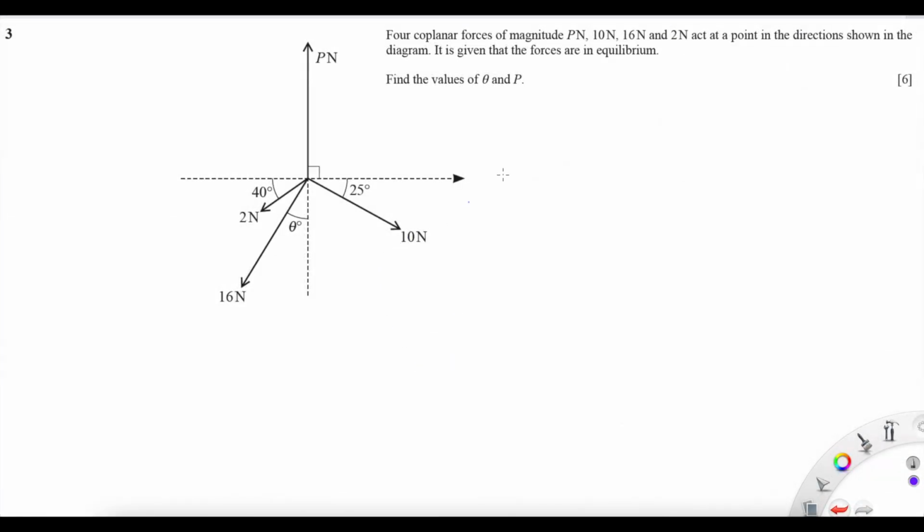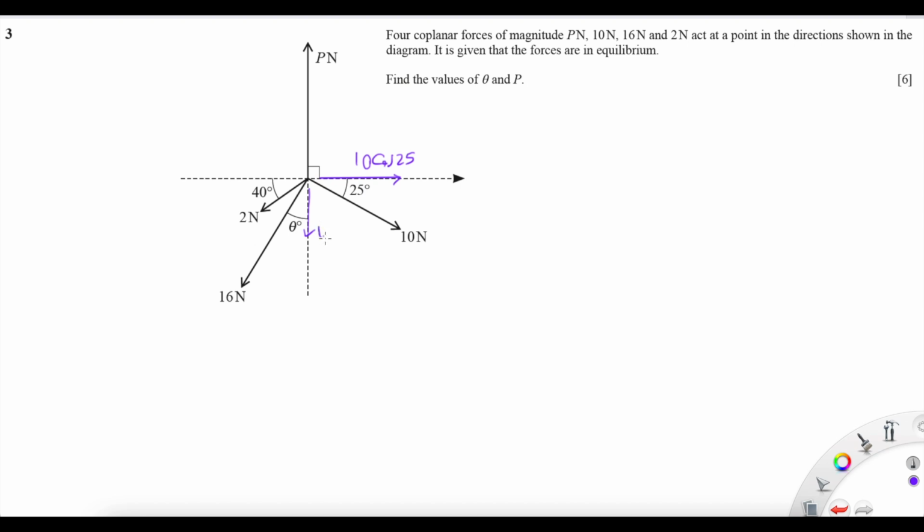Okay, now let's resolve forces both horizontally and vertically. This force can be written as 10 cosine of 25, and this is opposite, so I write it here.